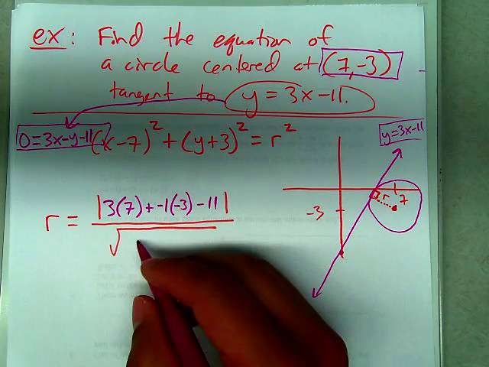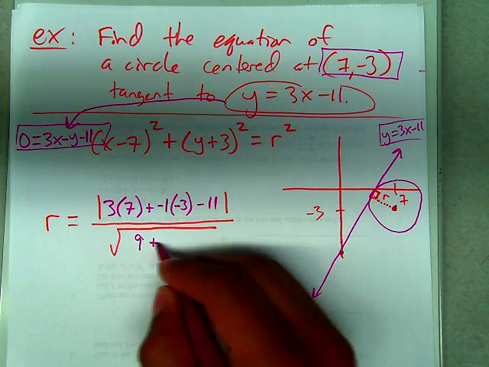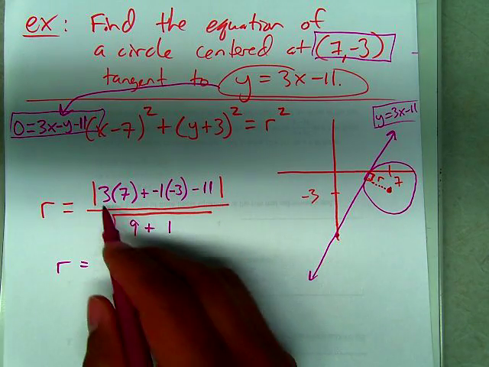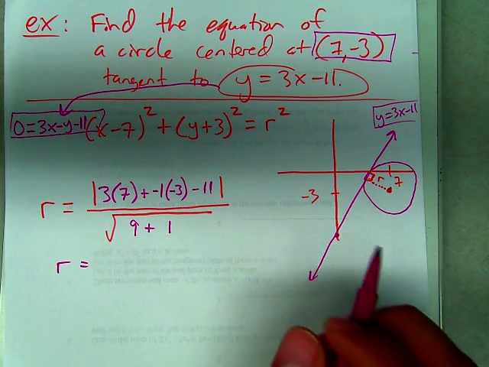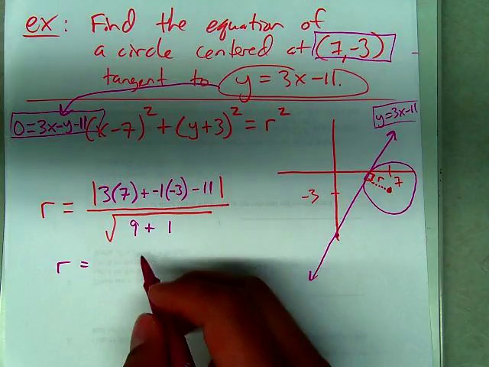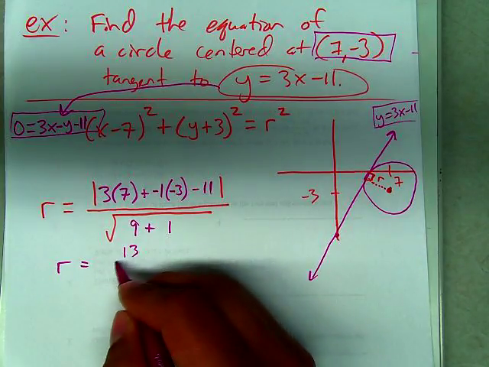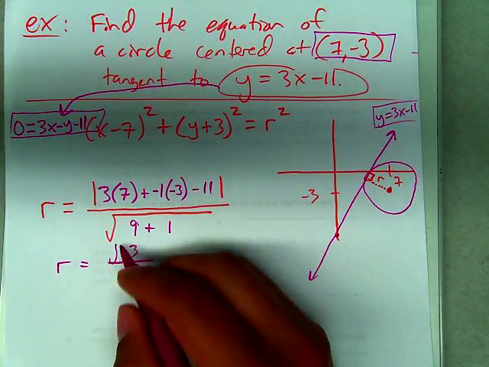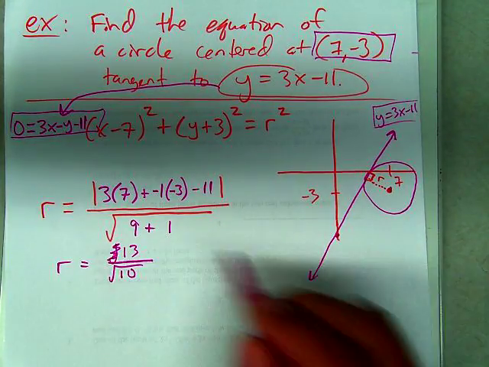A squared and b squared will be 9 and 1. So then 21 plus 3, subtract 11. That's 24 minus 11, so we get 13 over root 10.